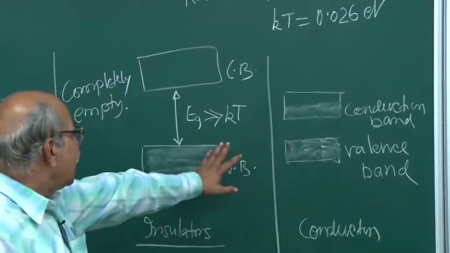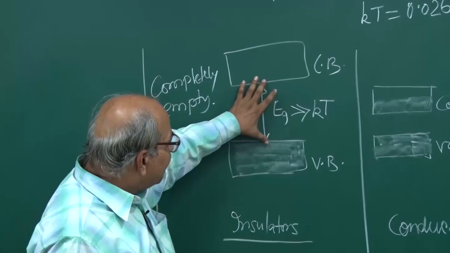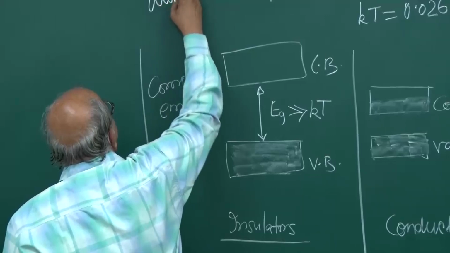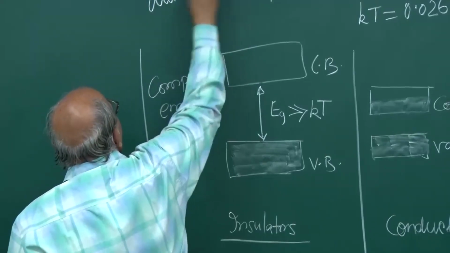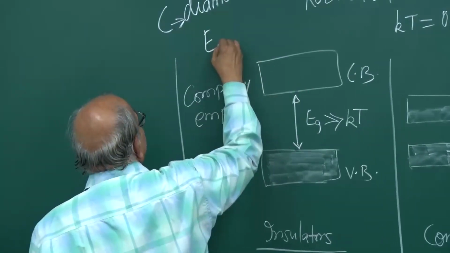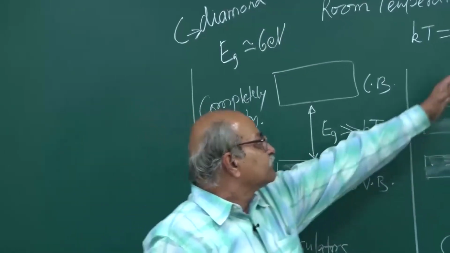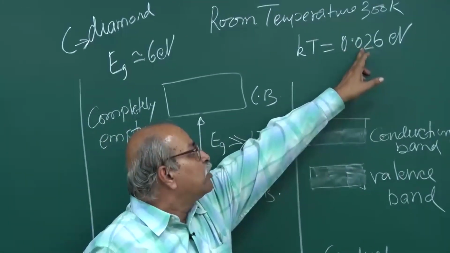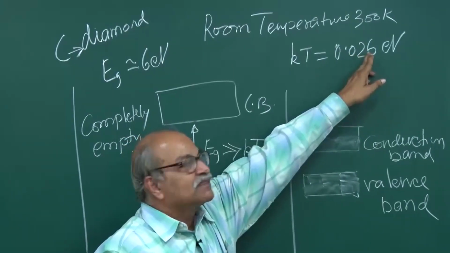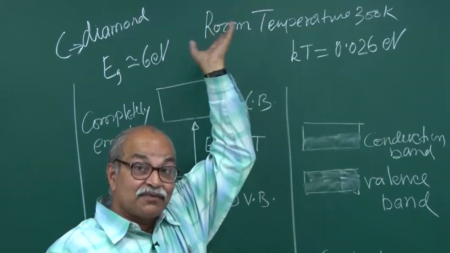So if you have this kind of situation where this gap is large, let us say for example carbon in diamond form, this gap Eg is about 6 electron volts. So compare, 10 times kT will be 0.26, 100 times will be 2.6, and this is 6, so several hundred times this kT.